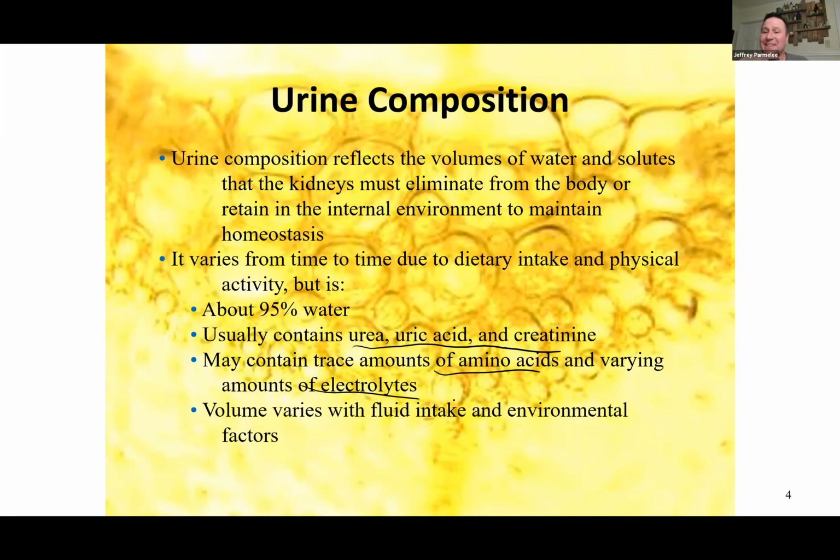It depends on how much you drink, right? So the volume varies with how much water you need to get rid of. Your urine has to have water to get rid of stuff, but it's going to have the nitrogenous wastes and anything else your body wants to tinker with to give you the right mixture of electrolytes and everything like that. And any drugs that your body wants to get rid of, you break them down and excrete them in the urine too.